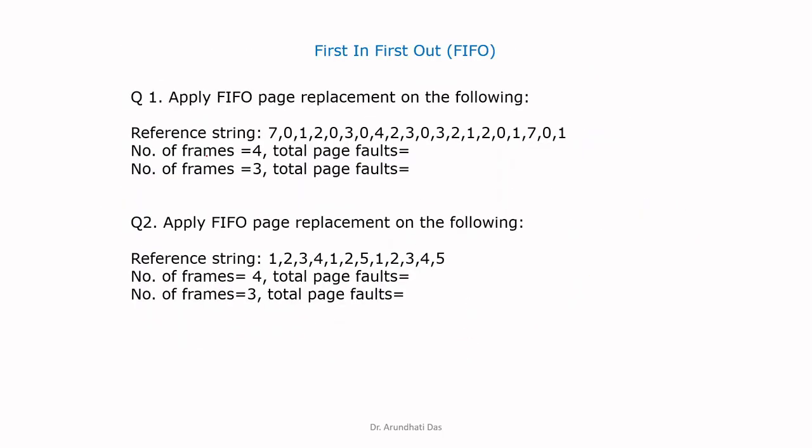So here there is this reference string. What is this reference string? Suppose the CPU is requesting the pages 0, then 1, 0, 7, then 0, then 1, then 2, in this sequence. These are the pages or frames you can consider.